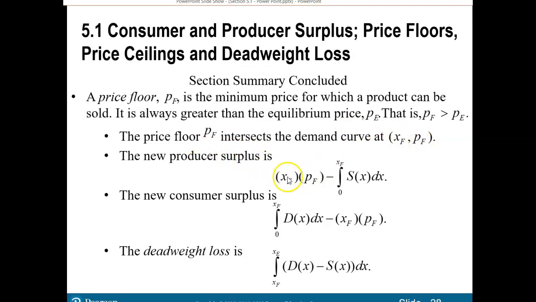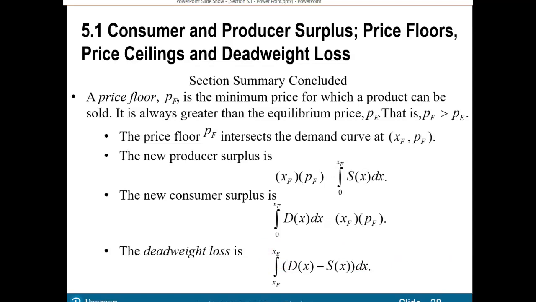The new producer surplus, product of this ordered pair, again, just using that definition with your supply curve being subtracted. New consumer surplus, same definition, only with this ordered pair. And then dead weight loss, same process. Demand minus supply is what we're going to integrate from the x value of your floor function to the x value of equilibrium.